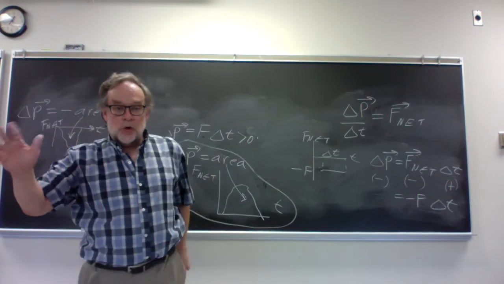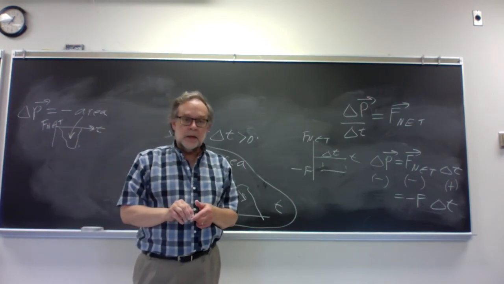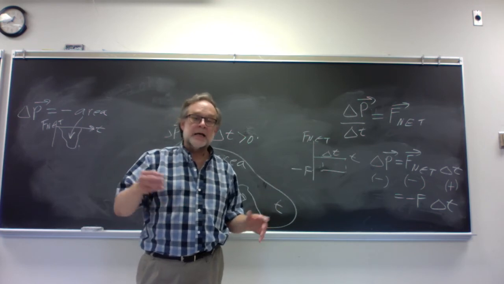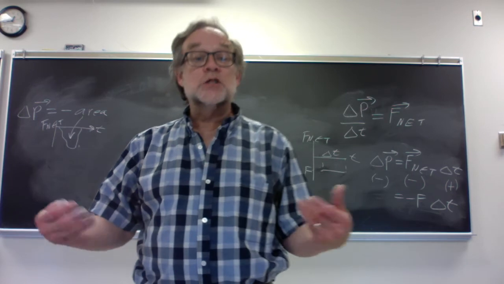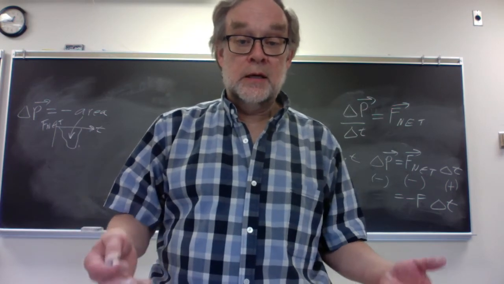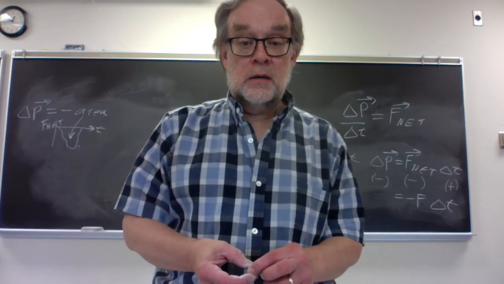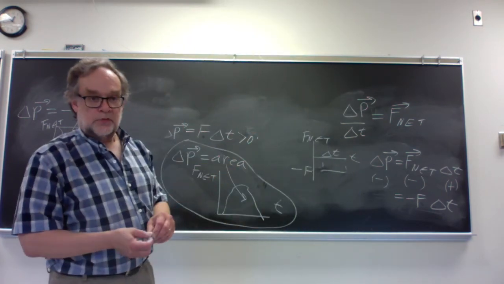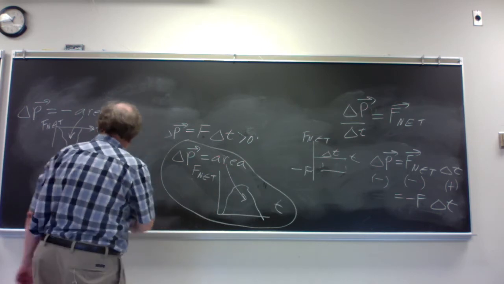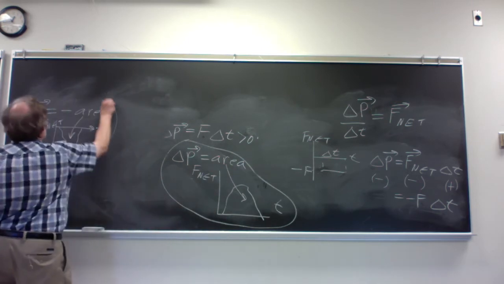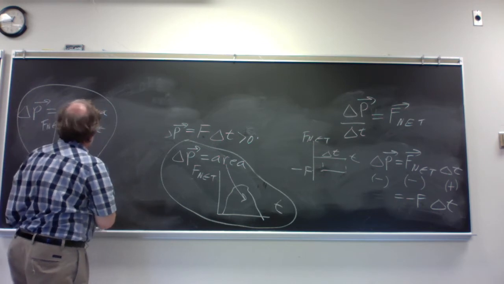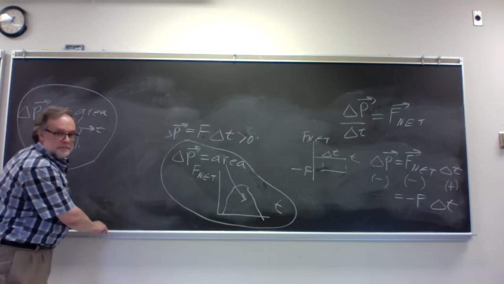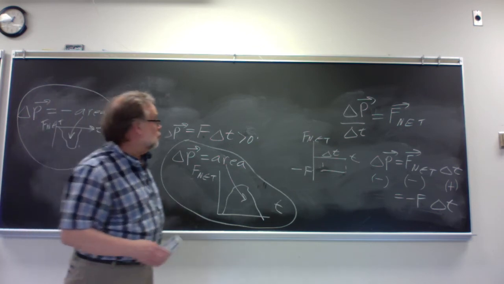Very similar to the area ideas that we had back in chapter 2, where in a graph of velocity versus time, the displacement was very closely related to areas on a velocity versus time graph. Here's an example of all that, how all that might work. And we'll use this version of the area rule.